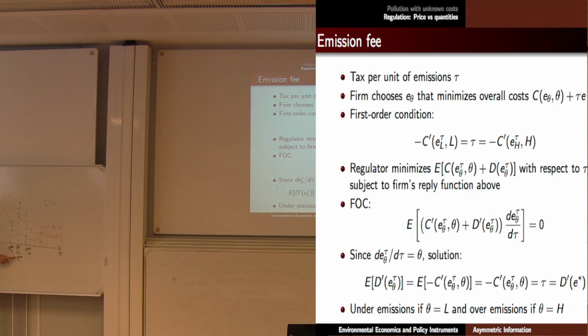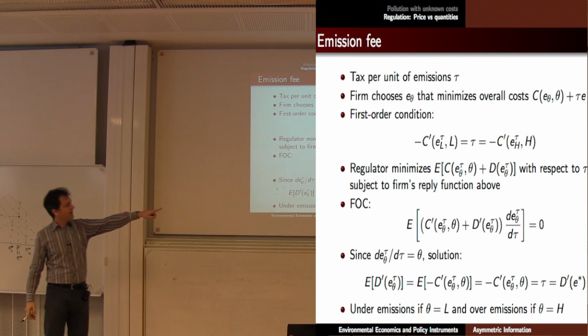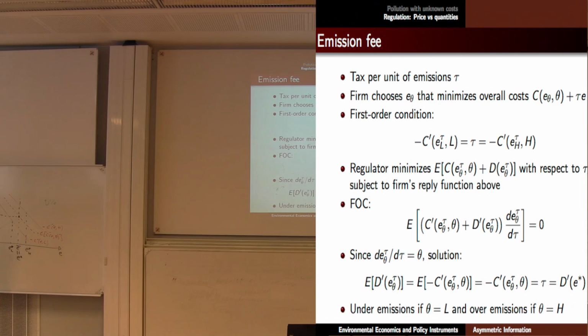To find the optimal tax rate, you pick that and you equalize this to the tax rate. So the condition that the marginal damage at the ex-ante efficient level of emission equals the tax rate gives you the tax rate. You get the ex-ante efficient level of emission, you compute the marginal damage, and you get the tax rate. Okay.